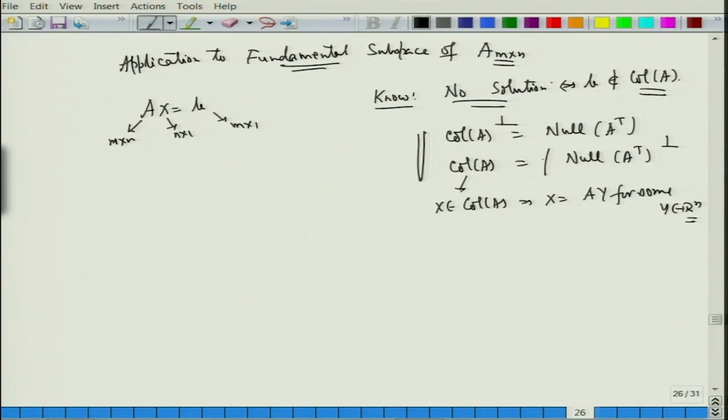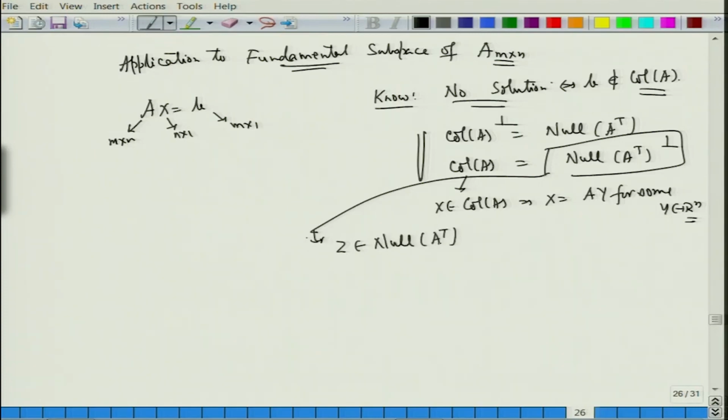Now take z belonging to the null space of A transpose, not the perp. This will imply that A transpose z is 0.